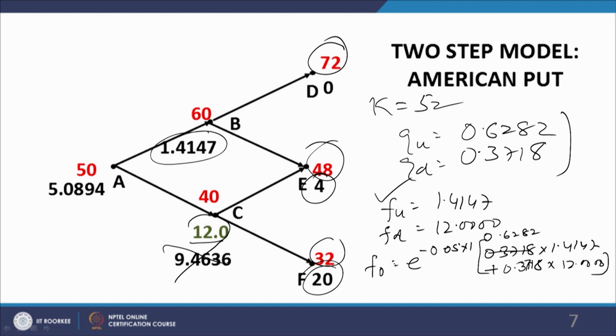So, this will be the value, and this will be equal to 5.08.